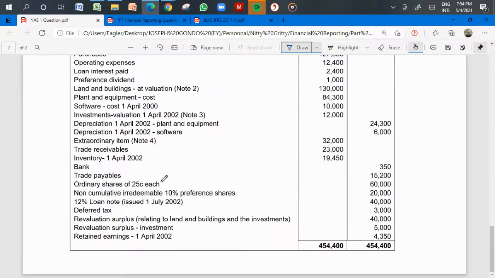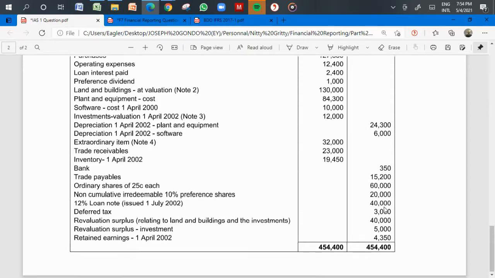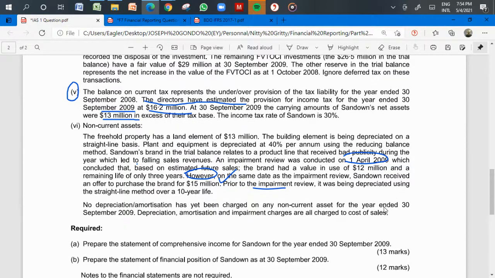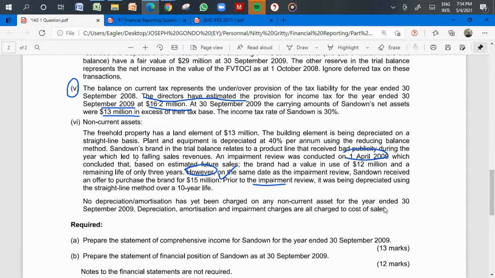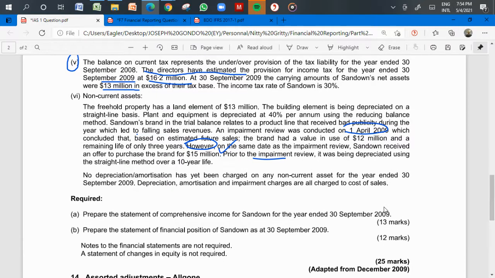And why are they using 3 years? Let me see if there is a note why they are using 3 years. Maybe I missed that note. Initially, the brand was 10 years when it was acquired in 2005.